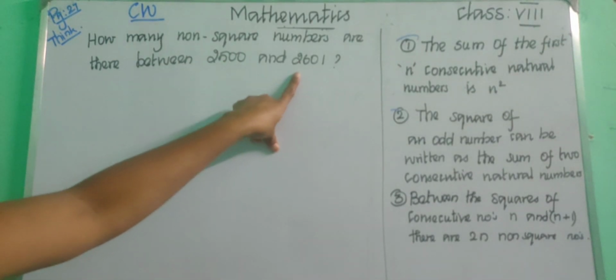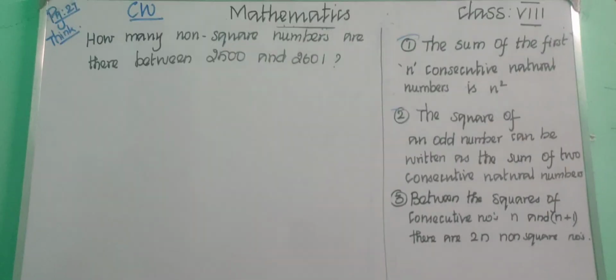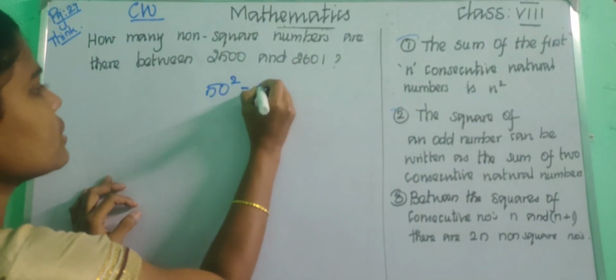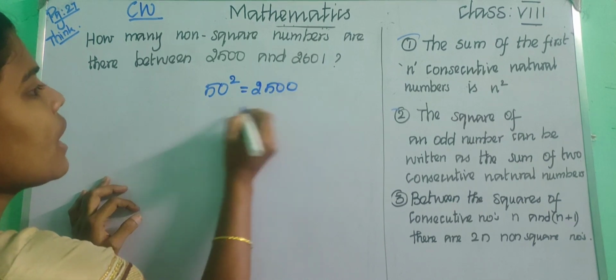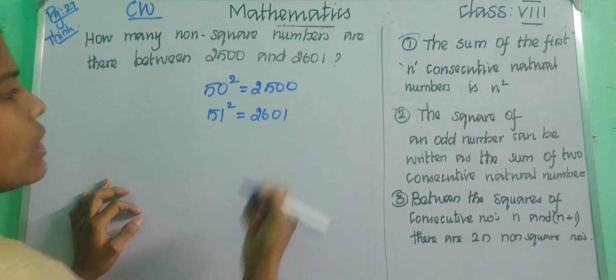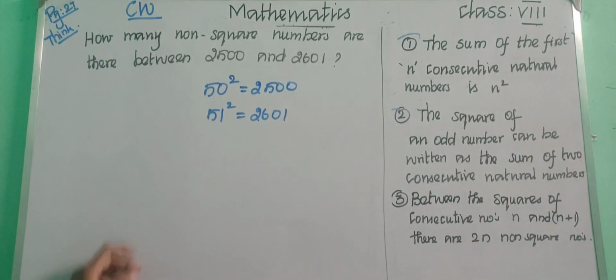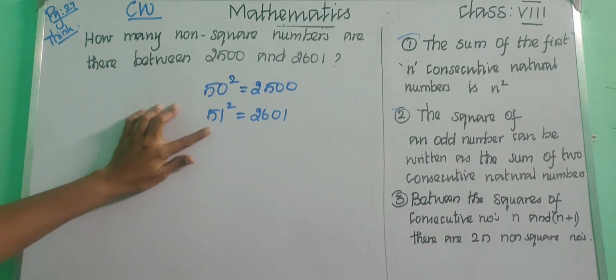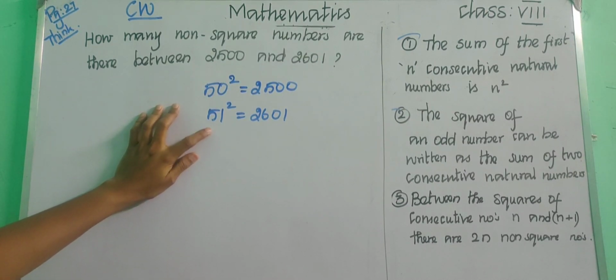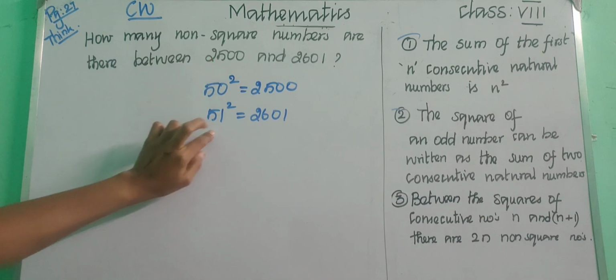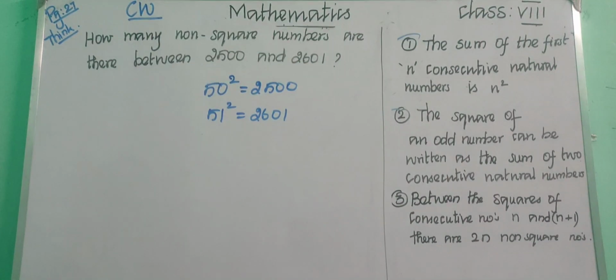Yeah, it is consecutive because it is 50 squared equal to 2,500 and 51 squared equal to 2,601. Okay, children, is it clear? So we got the consecutive square numbers, that is 50 and 51. You can also check.